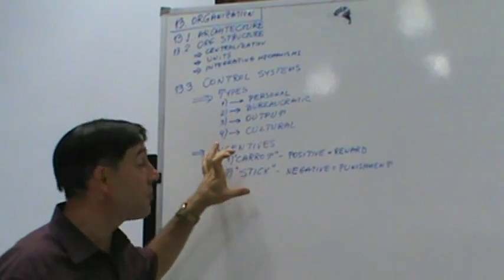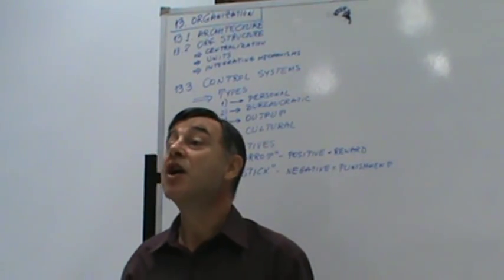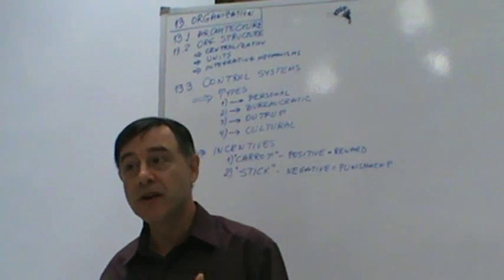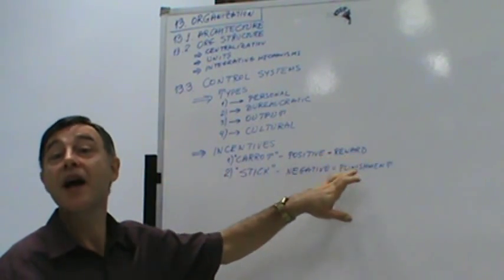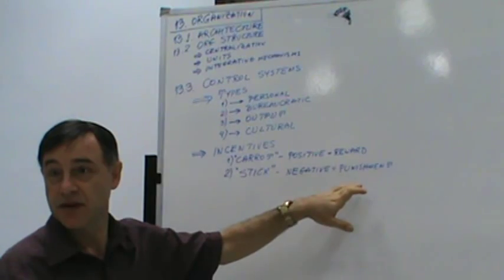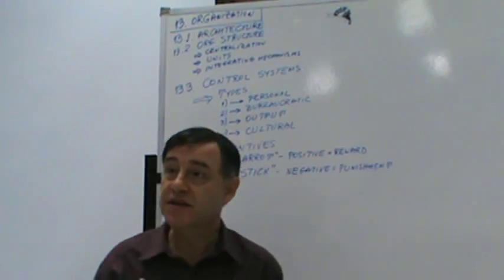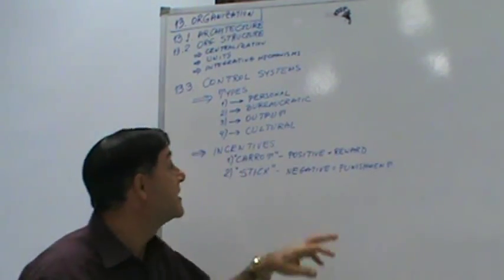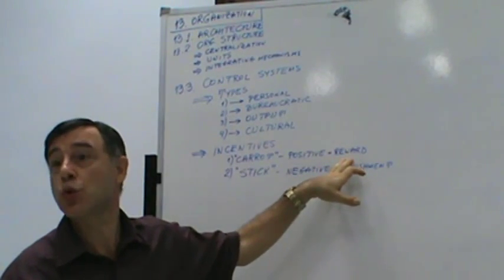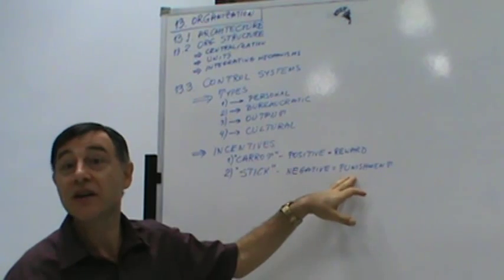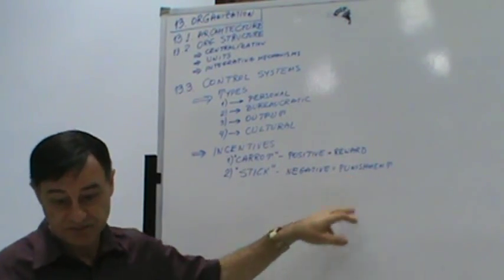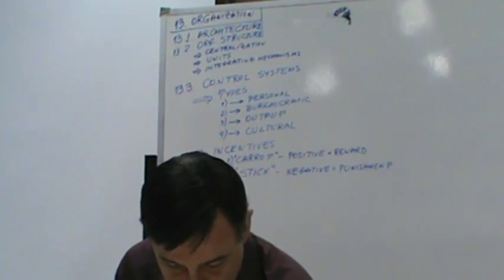So a proper incentive system requires that you clearly specify both the positive and the negative. Otherwise, the system just doesn't work. A lot of distortions appear when you don't have the negative side. Let's see what else we have.